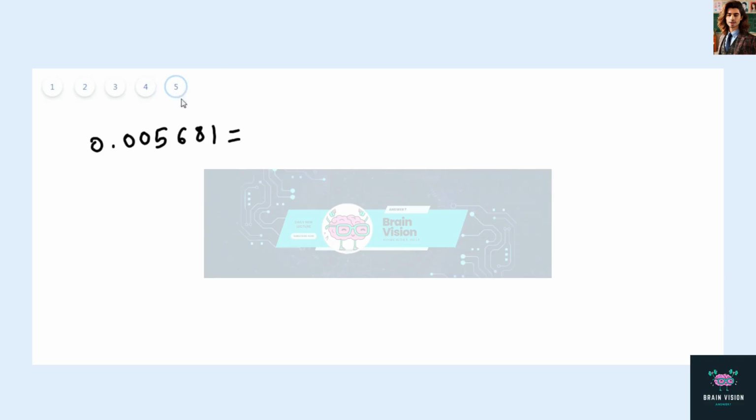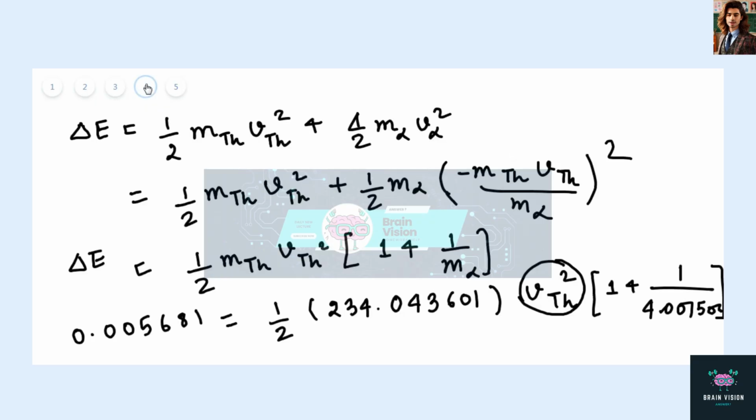That is 517.021800, right? How much will this be? 1 by 4.001505.